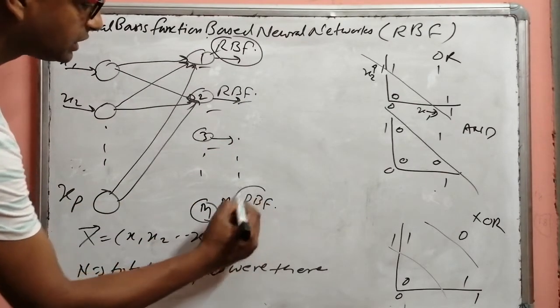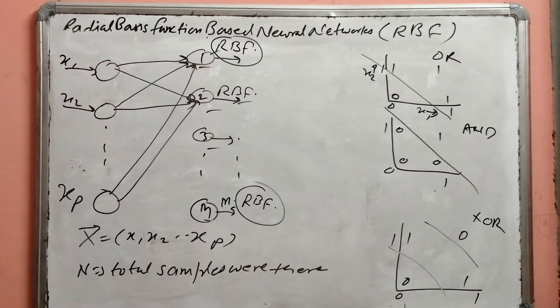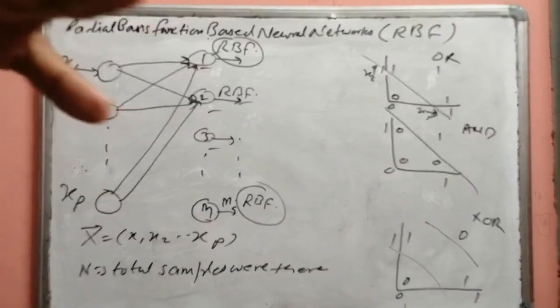So radial basis functions are responsible for mapping your input space to your higher dimensional space that is spread over m number of dimensions. So it is the function of your radial basis function layer. Now let us talk in detail about radial basis functions.